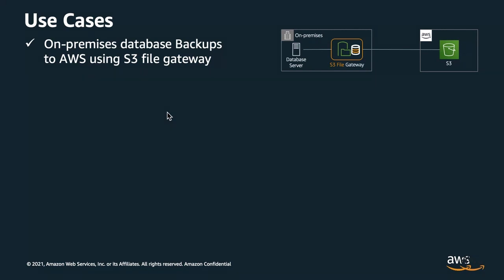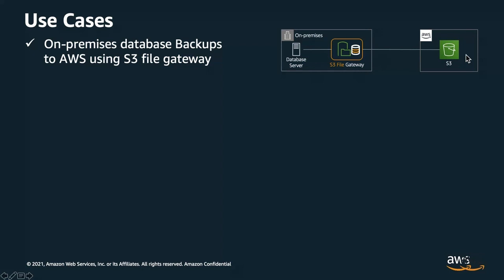Okay, so the first one is, imagine that you have lots and lots of database servers on premises. Oracle, you're doing RMAN backups or dumps to some network share on a NAS storage, or to a deduplication device that's very, very expensive. So many of our customers actually do their database dumps or backups to an Amazon S3 file gateway. What it does is S3 file gateway can expose either an NFS or an SMB share, so that you can store the files into this network share.